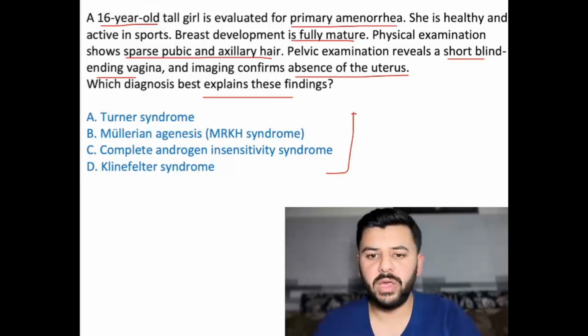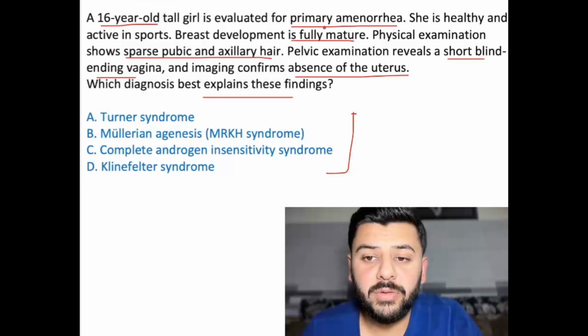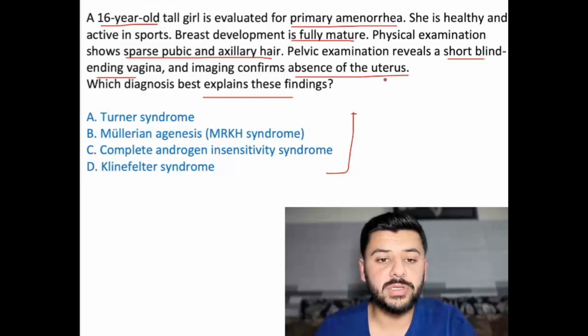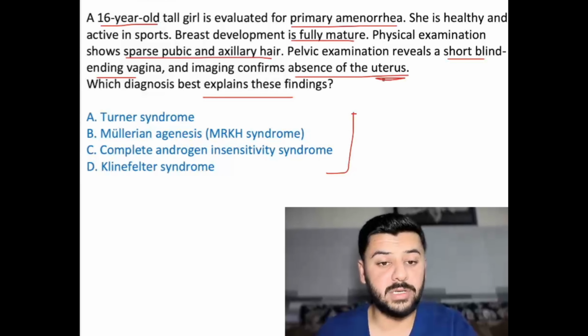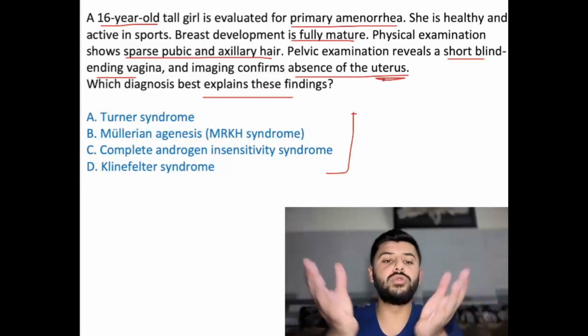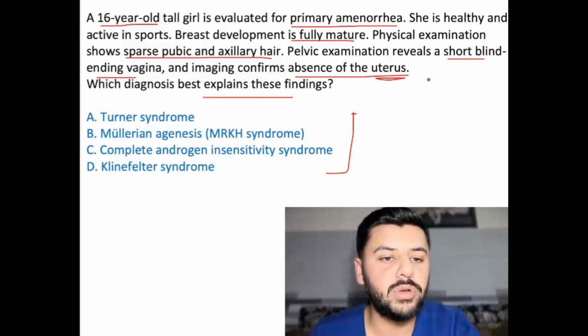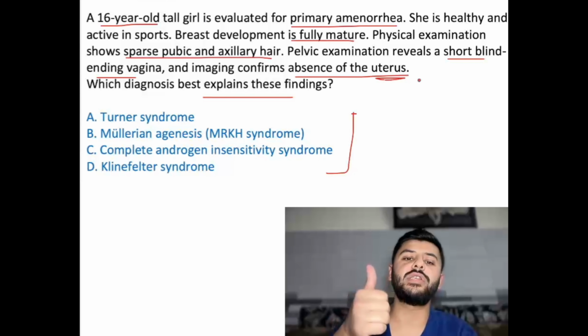I'm gonna tell you one thing here, just one thing, and that completely hands you the diagnosis. Whenever you see primary amenorrhea, absent uterus, and normal breast, it comes down to two diagnoses. Either it is androgen insensitivity or it is the Mayer-Rokitansky-Kuster-Hauser syndrome.